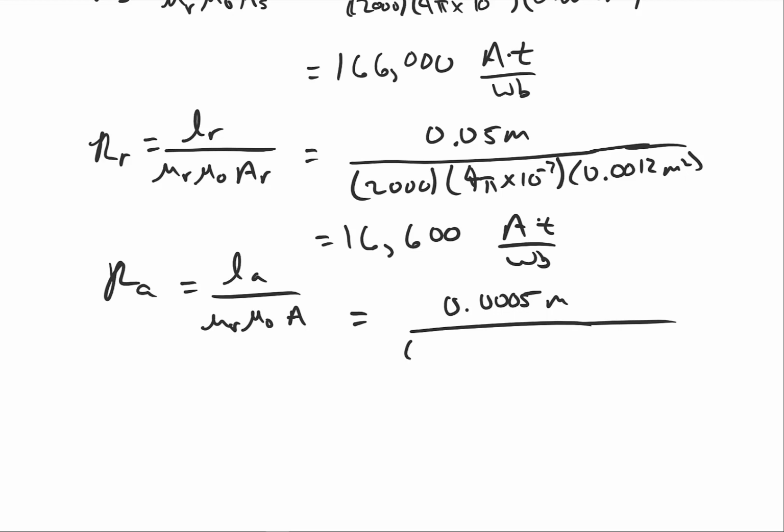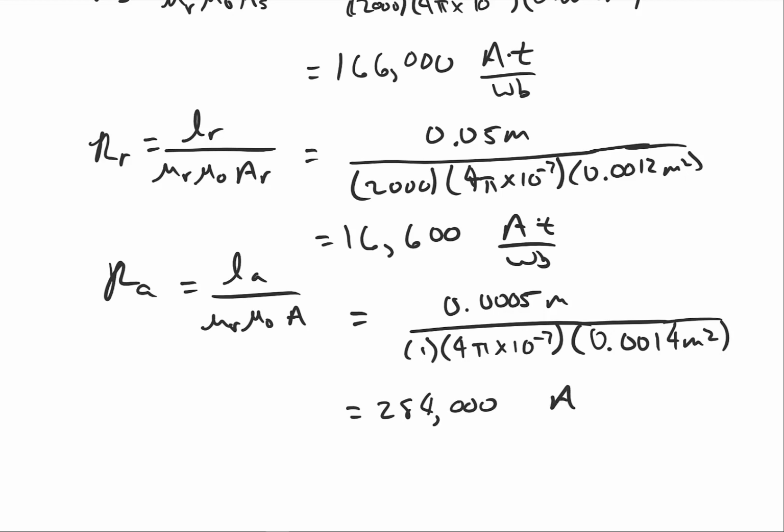Mu relative is 1 because it's air, times 4 pi times 10 to the minus 7, times the area, which was given with fringing to be 0.0014 meters squared. Okay, so this comes out to be 284,000 ampere turns per Weber.